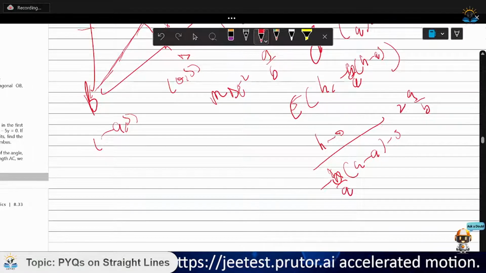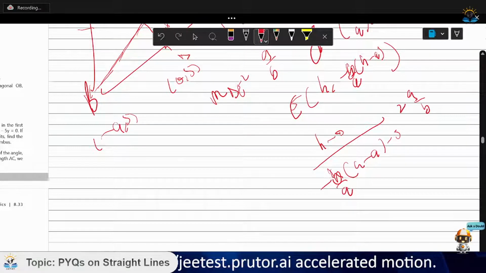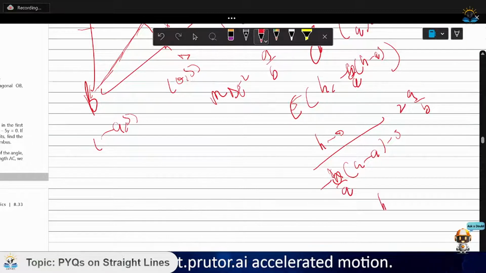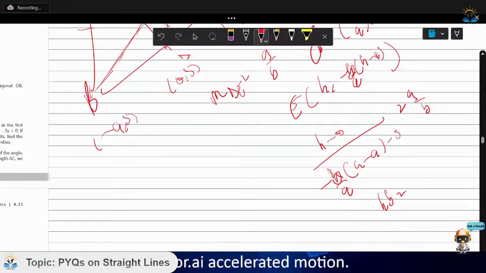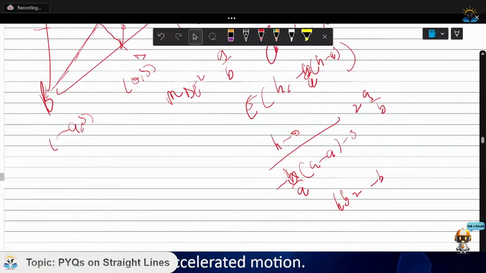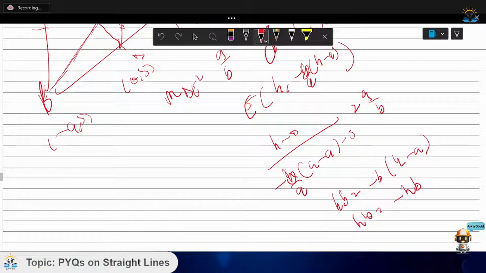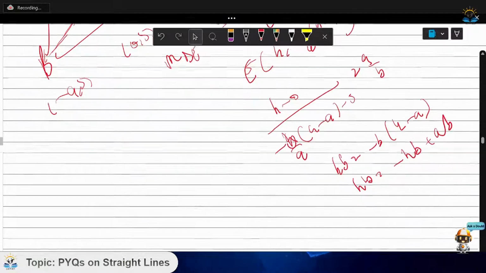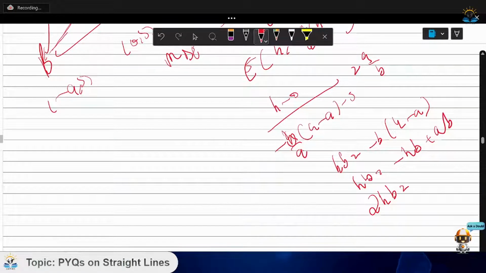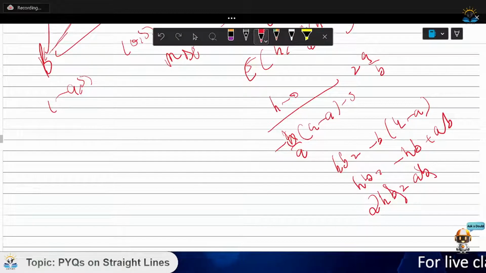Now solving this, I get hb is equal to minus b times h minus a, so hb is equal to minus hb plus ab. This gives me 2 times hb is equal to ab. B and B cancel because b cannot be equal to 0, and h becomes a by 2.